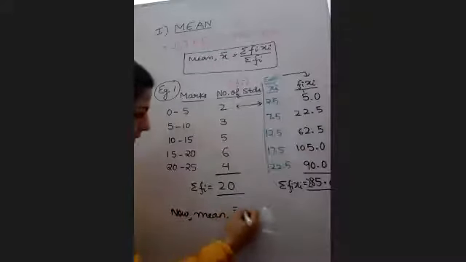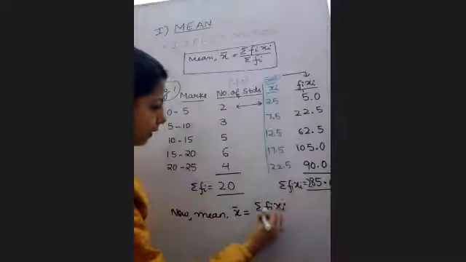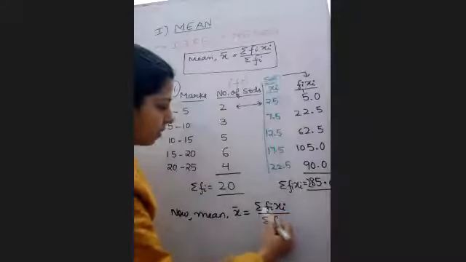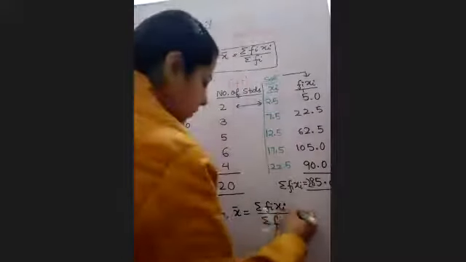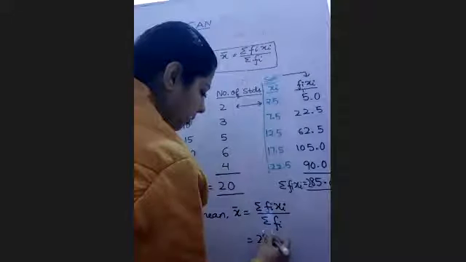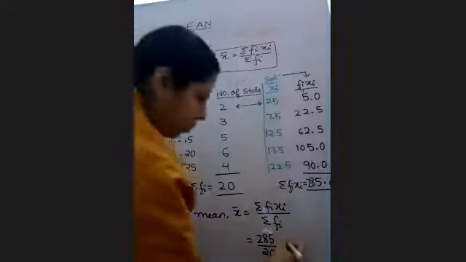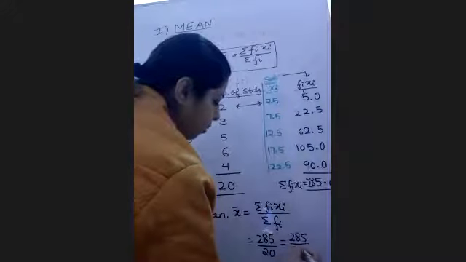So now mean, x bar, is summation fi xi divided by summation fi. Now what is summation fi xi, children? 285 upon 20. To help you do the calculations easier, it can be written as 285 upon 2 into 10.